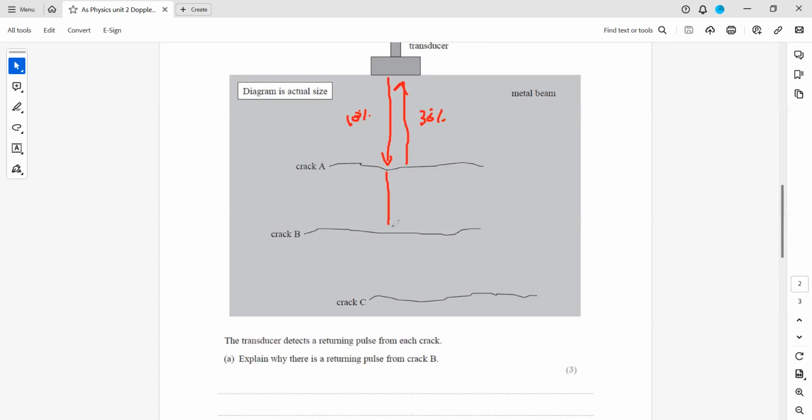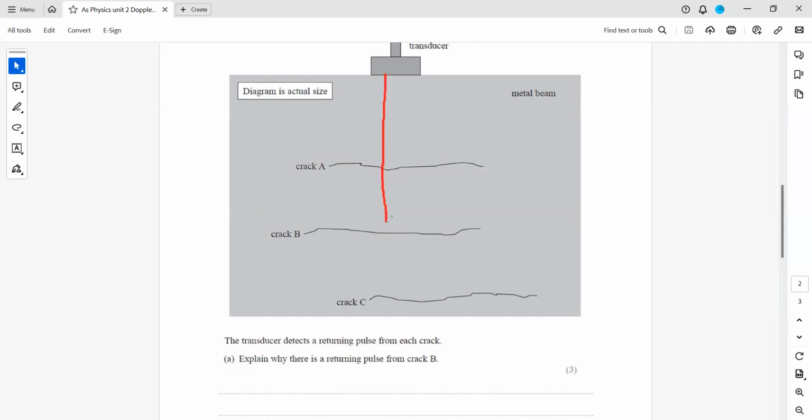What happened to the remaining 70%? That will pass through. And out of this 70%, maybe 30% is reflected back. Then the remaining 40% will pass through. So the question is why the transducer picked the reflection from crack B. What is the reason for that?